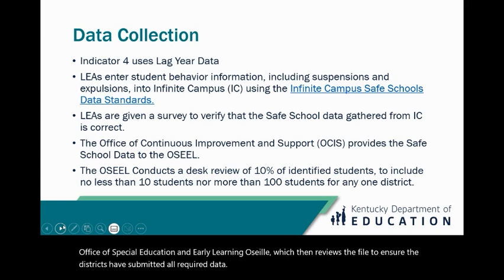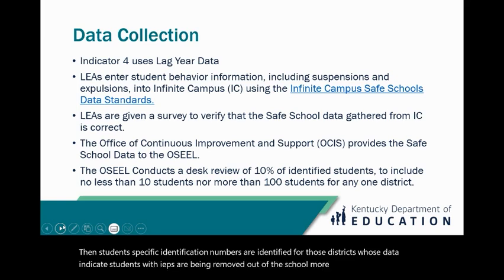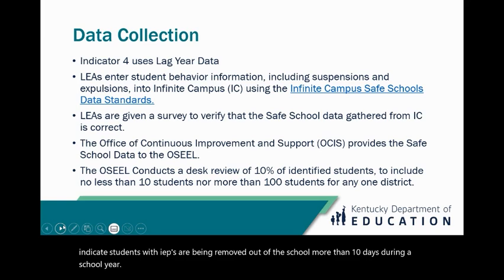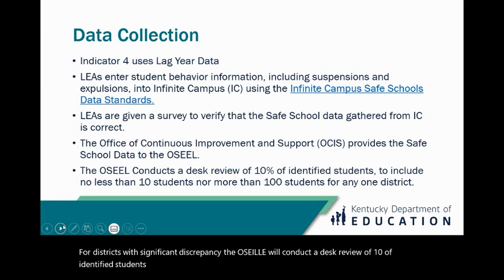Then, student-specific identification numbers are identified for those districts whose data indicate students with IEPs are being removed out of the school more than 10 days during a school year. For districts with significant discrepancy, the OSEEL will conduct a desk review of 10% of identified students to include no less than 10 students, nor more than 100 students for any one district.